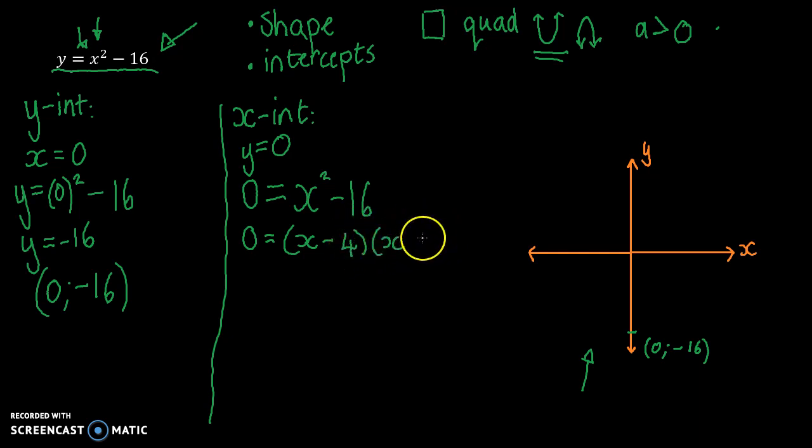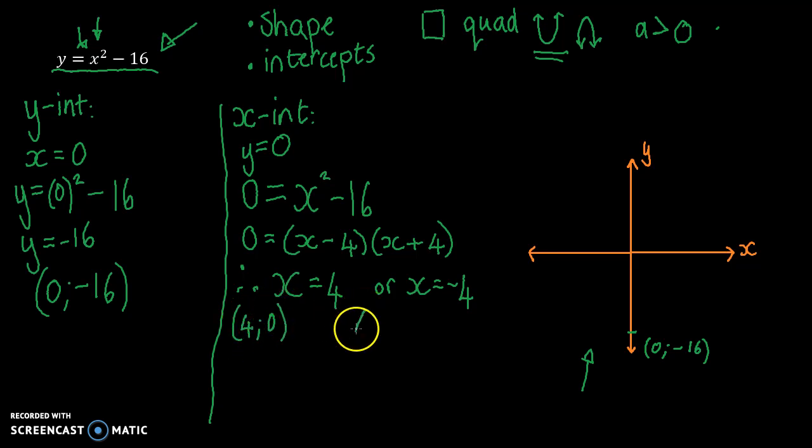It's obviously a difference of two squares, so that means x is either equal to 4 or x is equal to negative 4. Remember, these are coordinates, so write them down as coordinates.